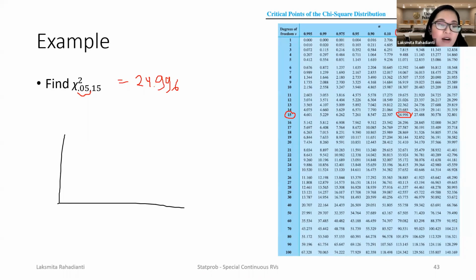And based on what we already talked about just now, what this actually means is that I have a chi-square distribution with 15 degrees of freedom. Let's assume that 15 degrees of freedom looks like that. It's not, I'm just making a graph, okay? And I want to know that in this case of 15 degrees of freedom, where can I draw my line so that 0.05 parts of my population will be found on the right-hand side.